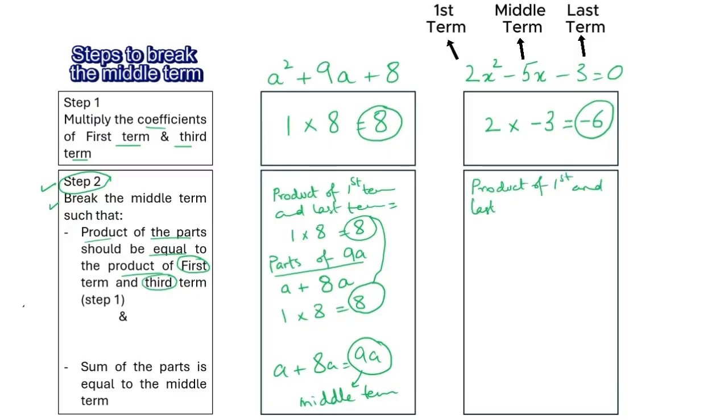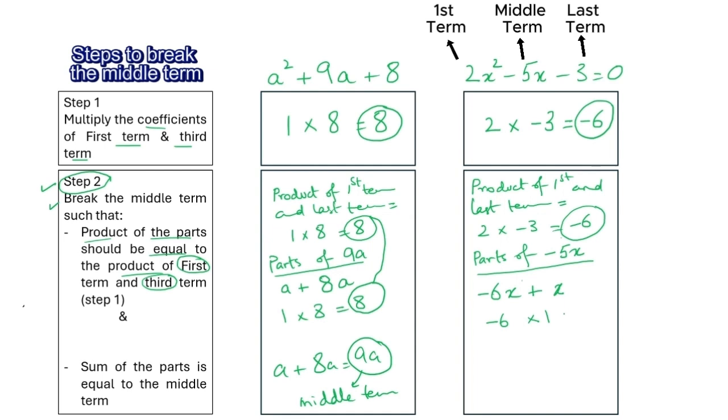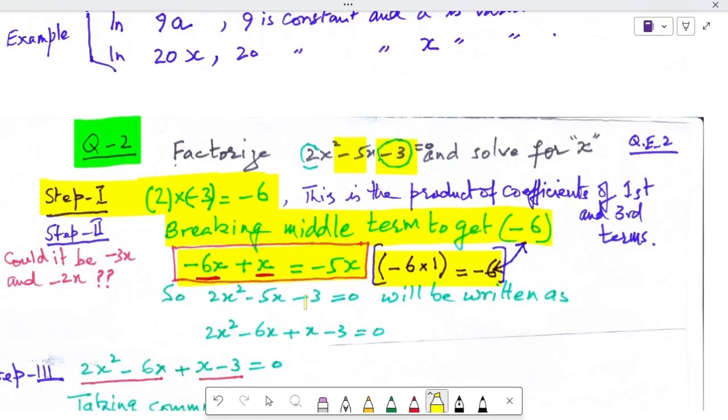In step 2, when I break the middle term, which is minus 5x, in order to get a negative product, I take minus 6 and then I add 1 to it, and I get minus 6 multiplied by 1 is minus 6, and minus 6x plus x is equal to minus 5x, which is equal to the middle term of the question.